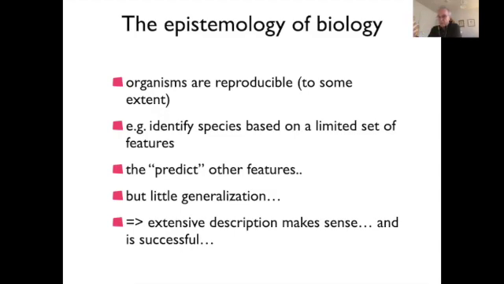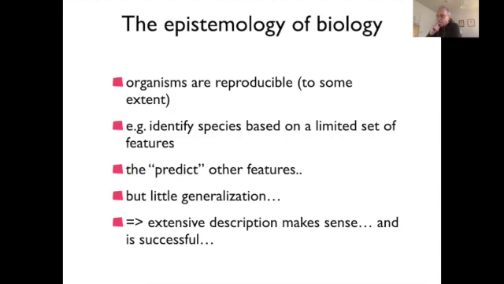There are certain aspects of biological systems that are the same from individual to individual, and only certain species exist. These, you could say, abstractly speaking, are also some kind of laws because they predict these other features, but physicists would not consider them powerful laws because there's very little generalization, only within that species.